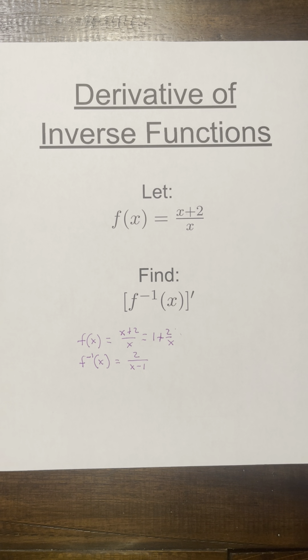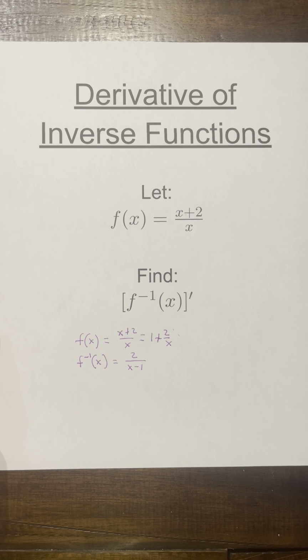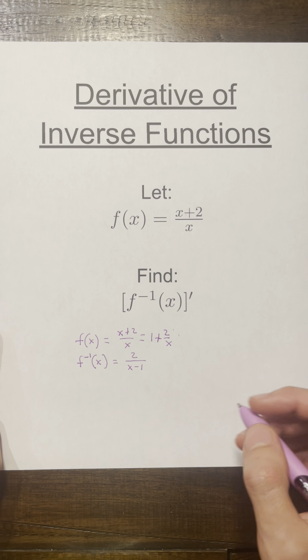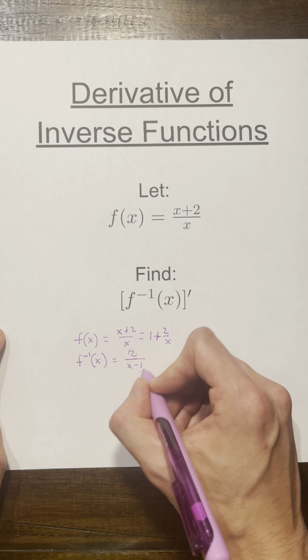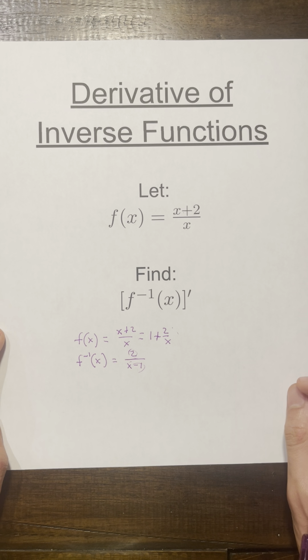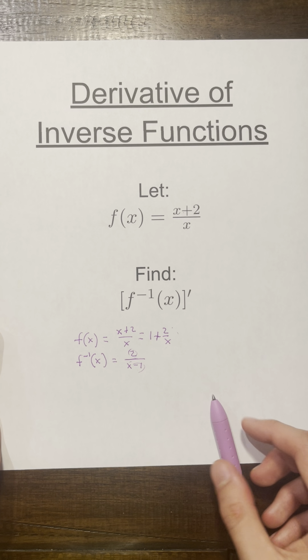Okay, and how do we do that? Is there a particular rule that we should use? We should use quotient rule because we see something divided by something. Okay, well, let's go ahead and do that. Actually, I'll give you a second to pause the video to do this.